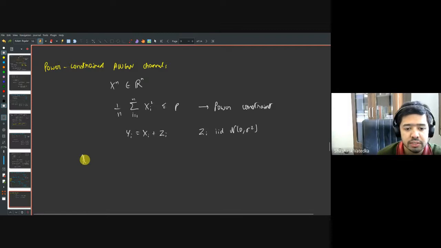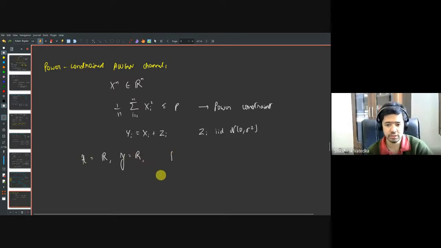Okay, so in this case, the input alphabet is R, the output alphabet is also R, and now the transition probability can't be specified by a transition probability mass function.